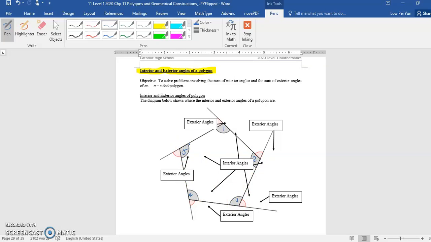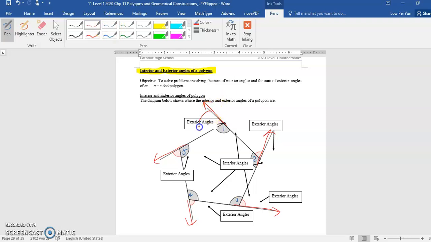Now when I extend this line in a certain direction, not both ways, but if I were to extend it this way up, this way, and then this way, all the lines in one direction, one side only, not both sides, we are going to form the exterior angle next to the interior angle. And how many exterior angles will there be?